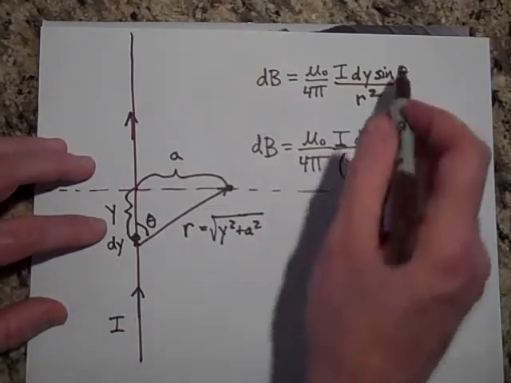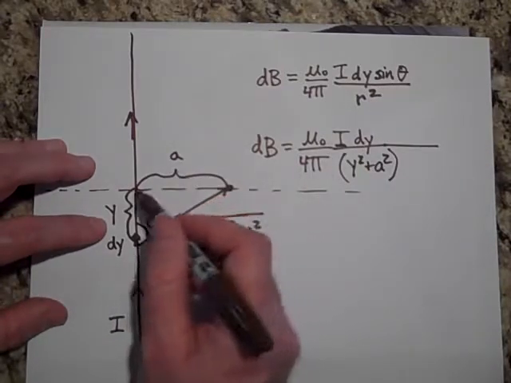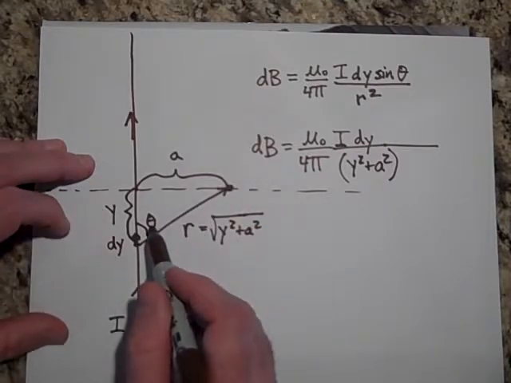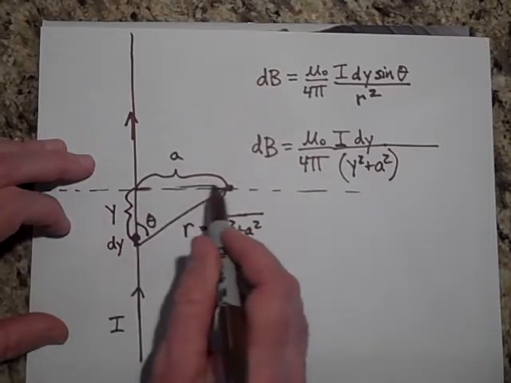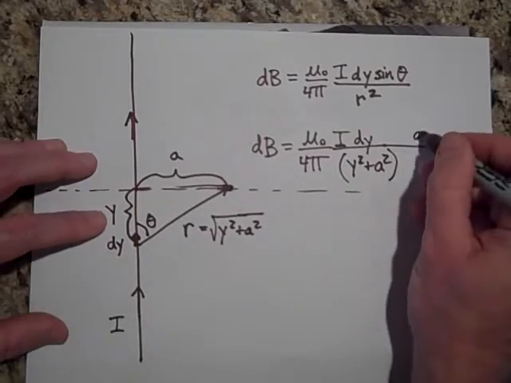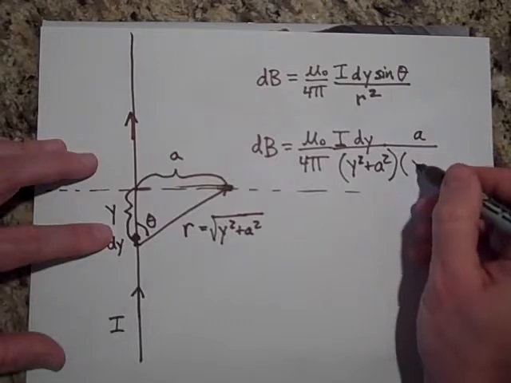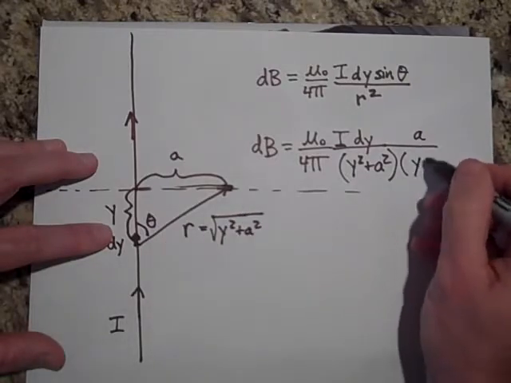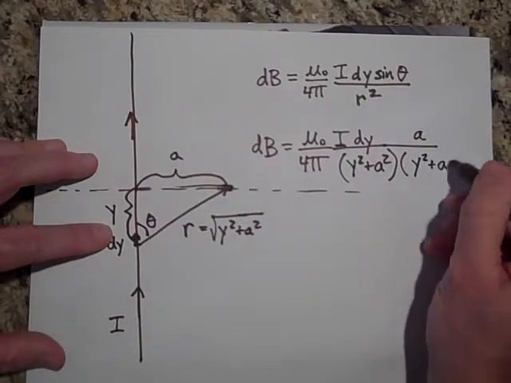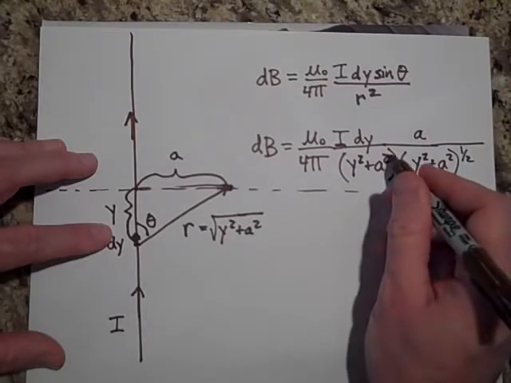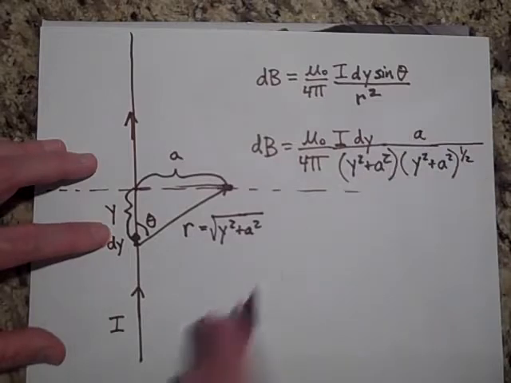And the sine of theta is the opposite side over the hypotenuse. So sine of theta is the opposite side, a, over the hypotenuse, and the hypotenuse is r again. So it's going to be the square root of y squared plus a squared. There's no square root in the other term because remember we squared that r.